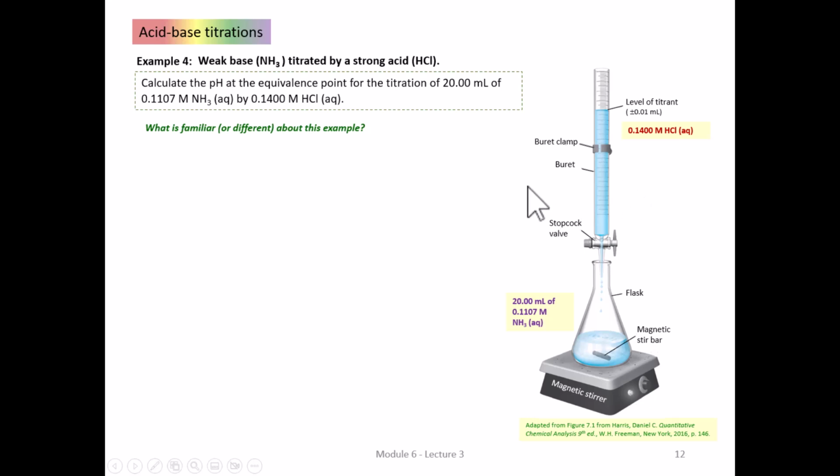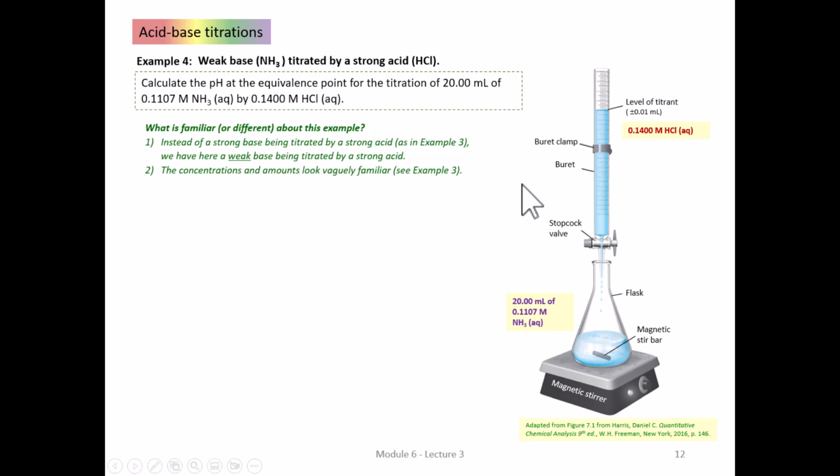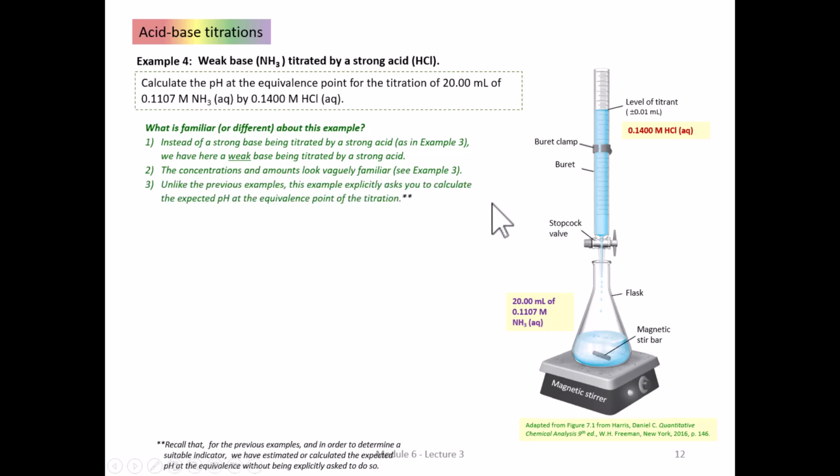Well, what's familiar or different about this example? First of all, instead of a strong base being titrated by a strong acid, as in example 3, we have here a weak base, ammonia, being titrated by a strong acid. The concentrations used in this question should look vaguely familiar.